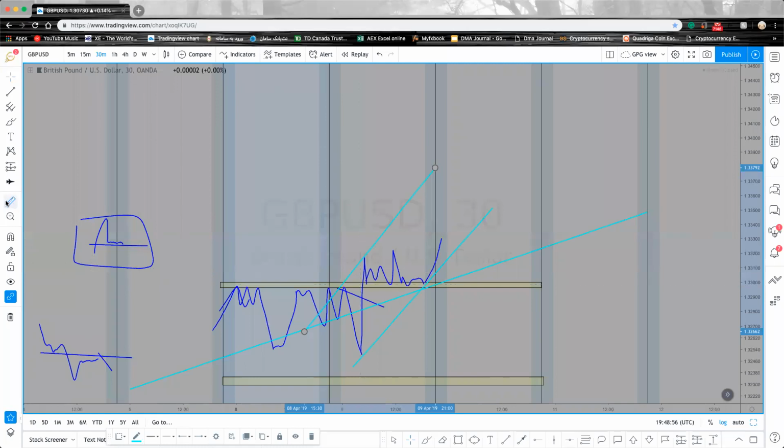zone. So where can you find the liquidity zone? Ask yourself, the people who enter here as a buy, where do they put their stop loss? Below these zones, right?